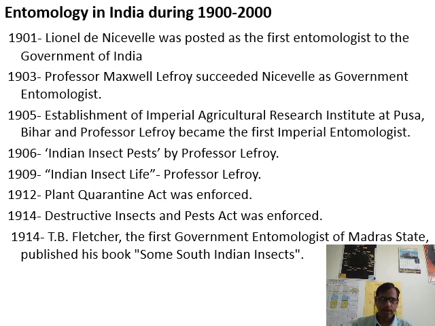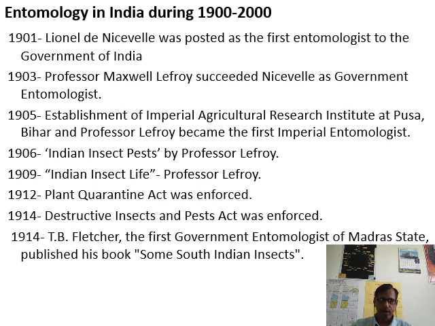In 1905, establishment of the Imperial Agriculture Research Institute at Pusa, Bihar, and Professor Lefroy became the first imperial entomologist. In 1906, Indian Insect Pests by Professor Lefroy. In 1909, Indian Insect Life by Professor Lefroy.